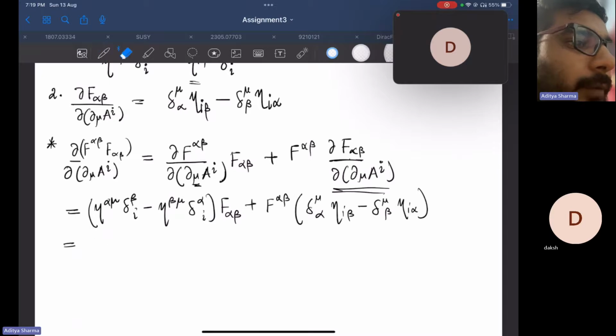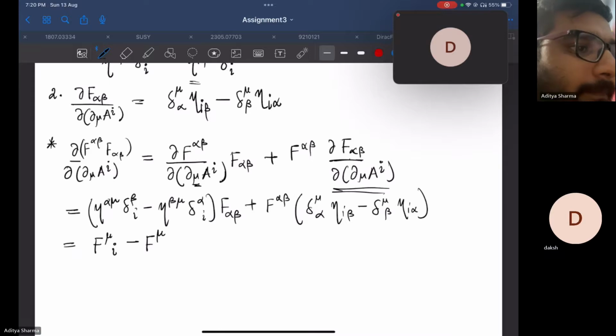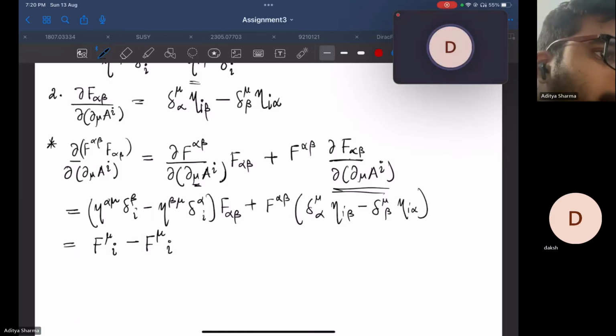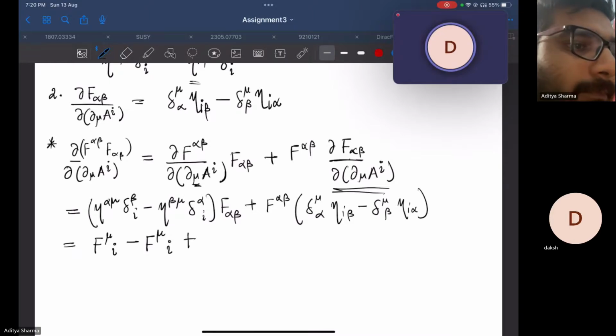So mu will go above and beta I. Minus, if you use it here, mu will go above and I. Okay, there should have been a plus sign here.